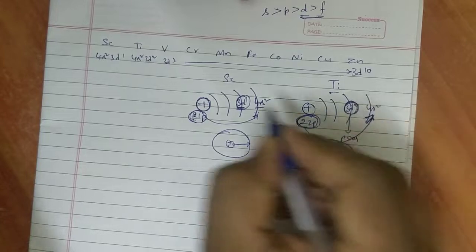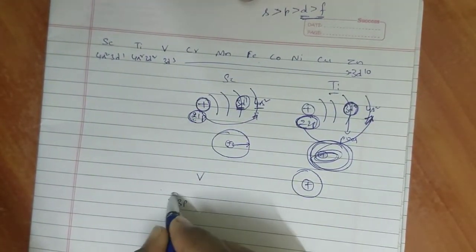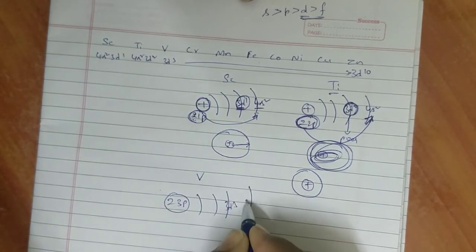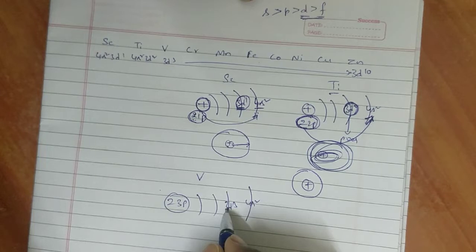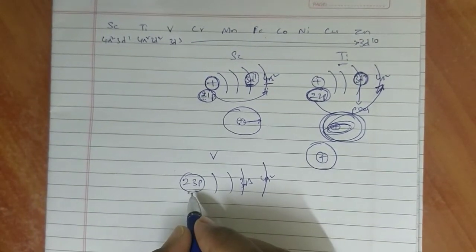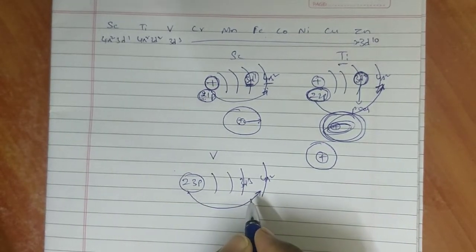Next, scandium, titanium, vanadium. Vanadium contains 23 protons, 3d3, 4s2. Further, shielding effect is less, but nuclear charge is furthermore increased. Then this nucleus will hold the 4s electrons furthermore strongly.